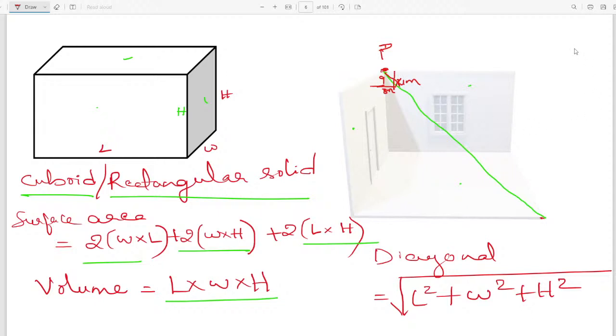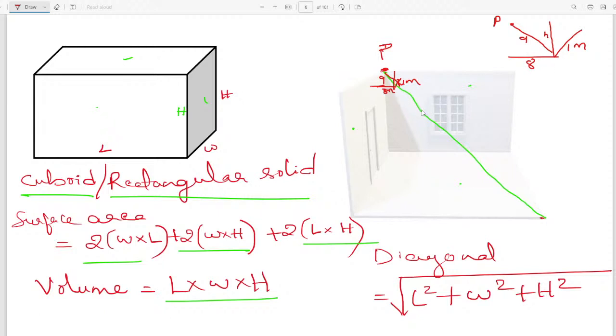So if you draw a diagram like this, this is 8 meters, this is 1 meter, and from this point, P is here. This is 9 meters. They are asking this height from the roof. I hope this is understood.